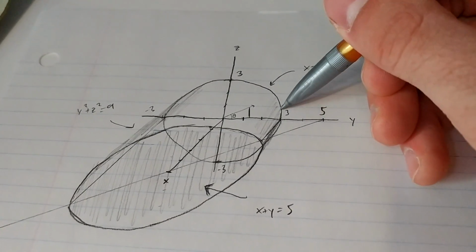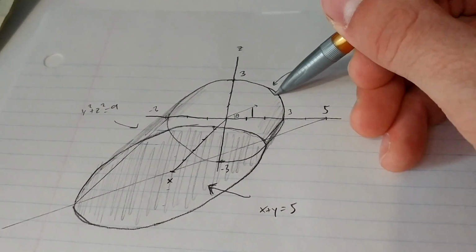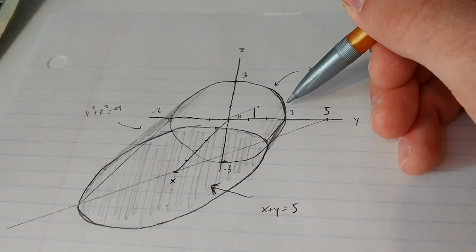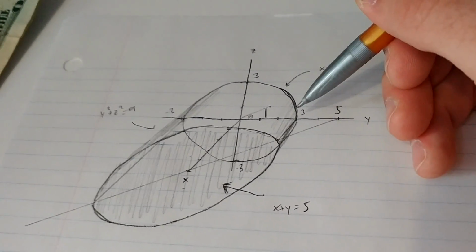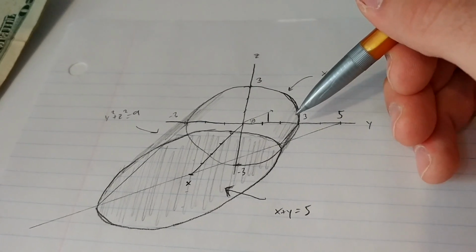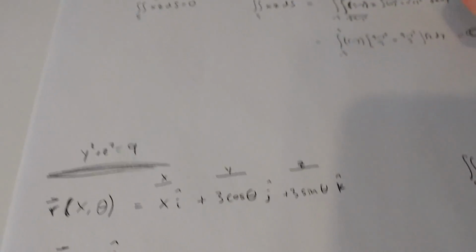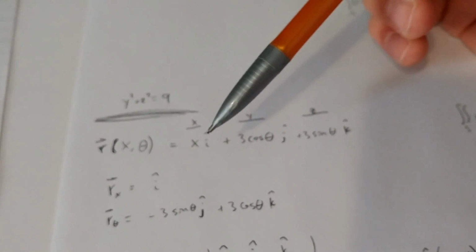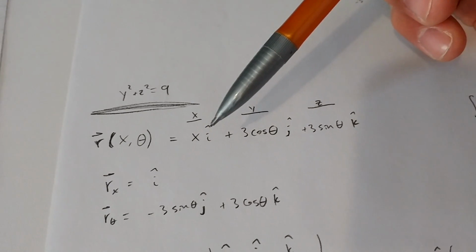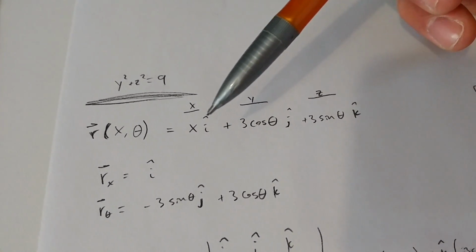Actually, we're just going along the very edge here. So r equals 3. So we don't need r as a parameter at all. We just need theta and x. So if we write this in terms of x and theta, the x component in the i hat direction is going to be just x.